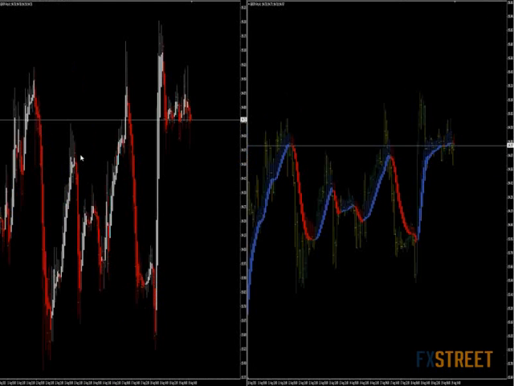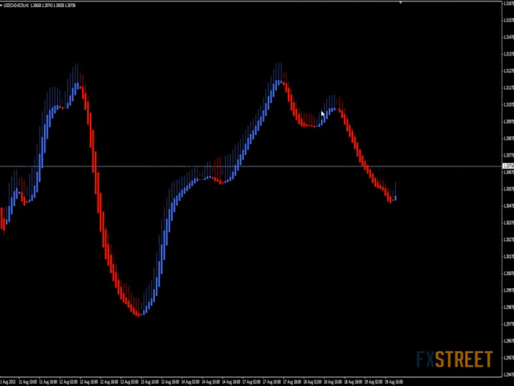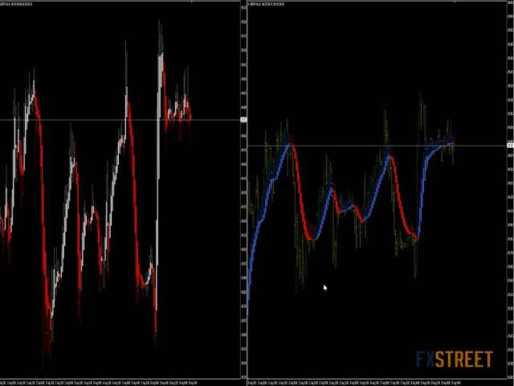Because if you compare standard Heiken Ashi on the left side and Heiken Ashi smoothed on the right side, you can see the difference. This is indeed the same chart, the same time frame, but look at this, it looks smoothed, but the price action is here. These are standard bars, standard MT4 bars. So do not think that this is real price action.